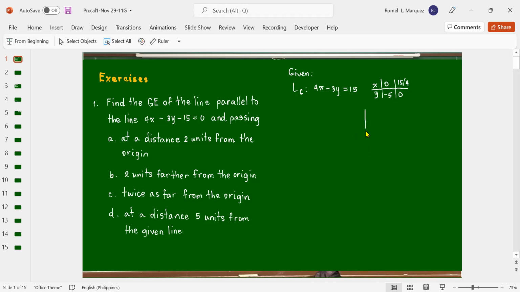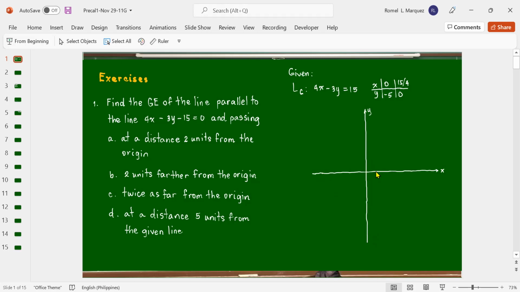So let's now trace the line. So this is the Cartesian plane, y axis, x axis. Okay, guys.